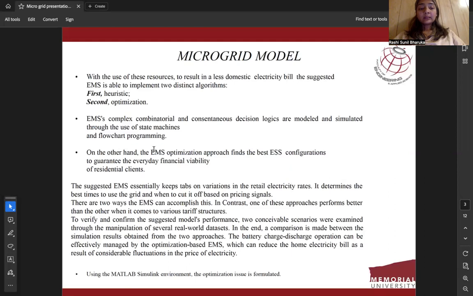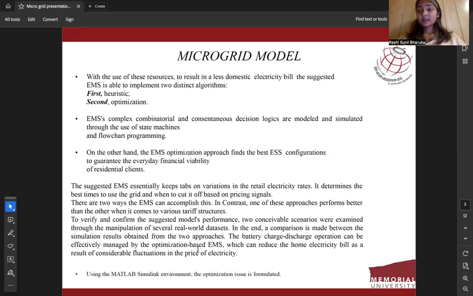The EMS optimization approach finds the best energy storage system configurations to guarantee the everyday financial viability of residential clients. A comparison is made at the conclusion between the simulation results obtained from two approaches: the existing traditional heuristic approach and the optimization-based energy management system.